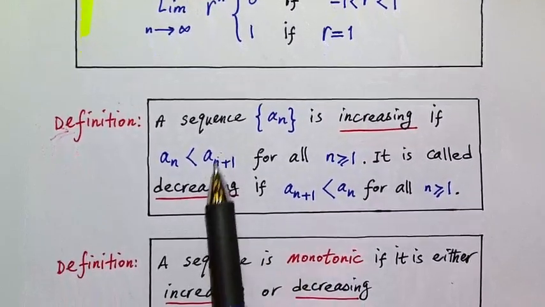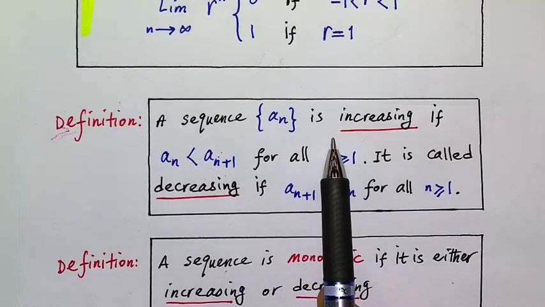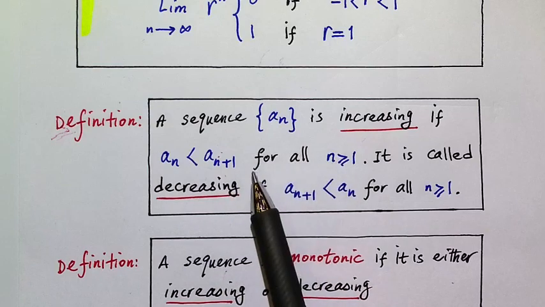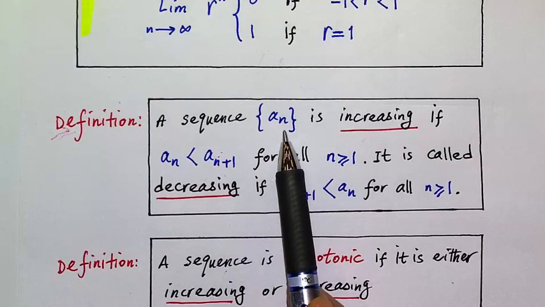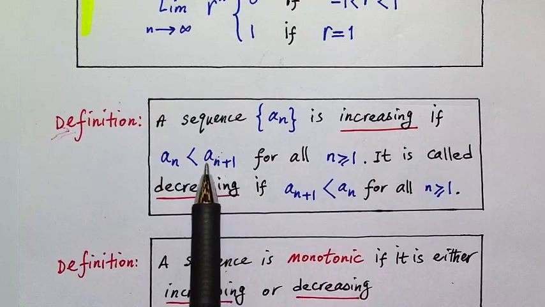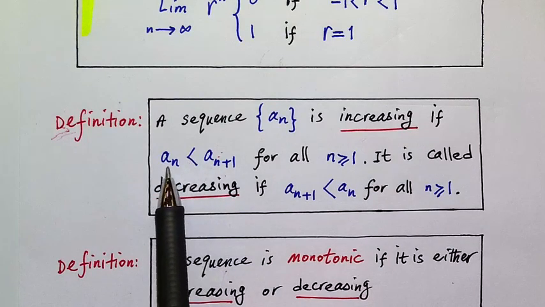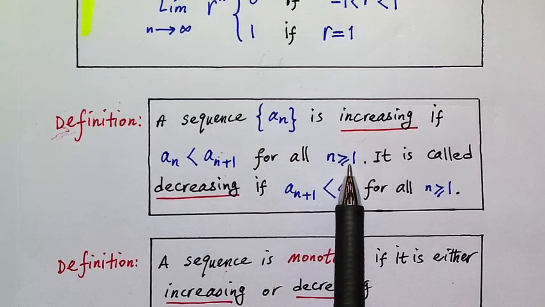In this definition, we've already looked at the concept of functions that are increasing or decreasing, right? This is a similar definition applied to sequences. A sequence a sub n is increasing if any subsequent term in the sequence is always greater than the previous term, for all values of n greater than or equal to 1.